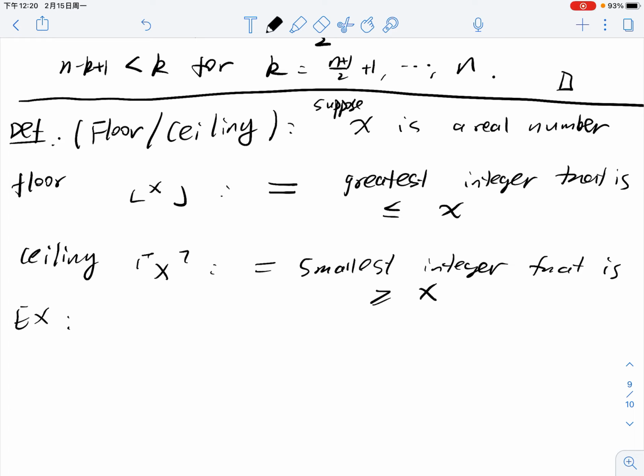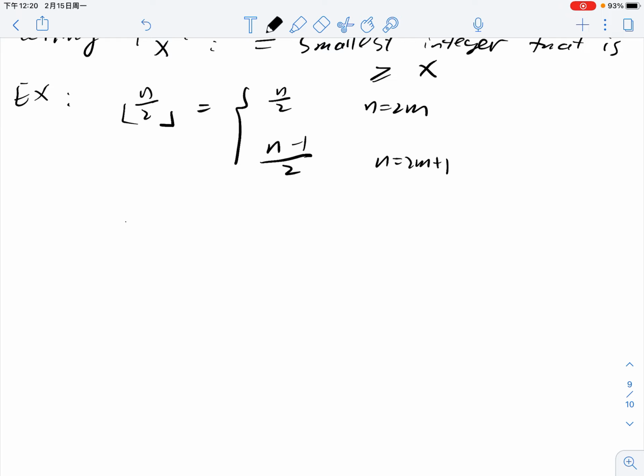So for example, for n divided by 2, if you take the floor, it's n over 2 when n is even and n minus 1 over 2 when n is odd. And the ceiling is n over 2 when n is even, n plus 1 over 2 when n is odd.